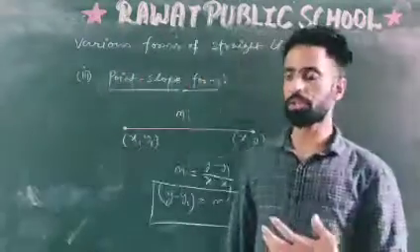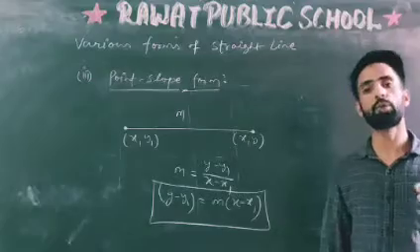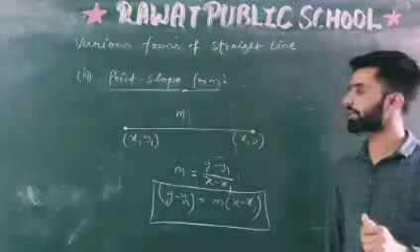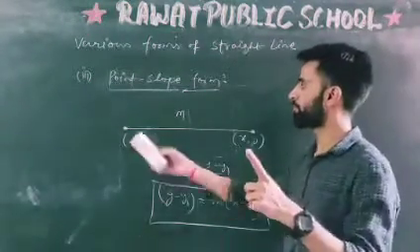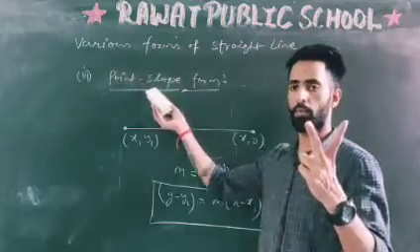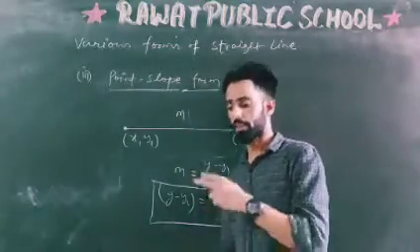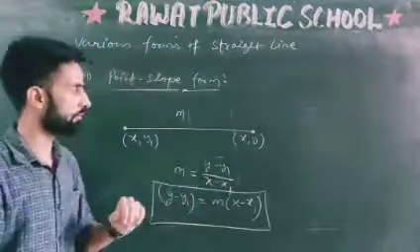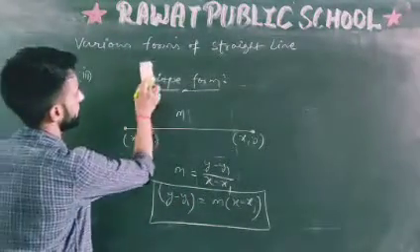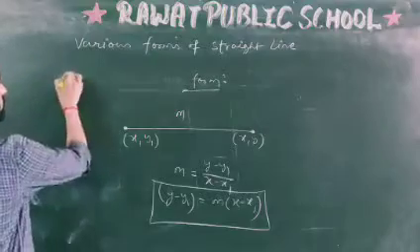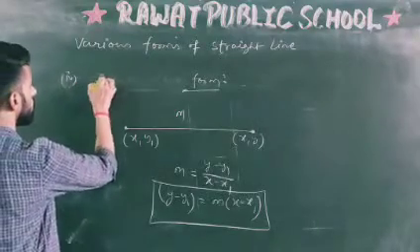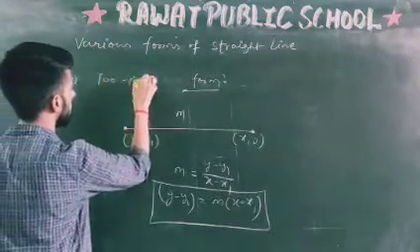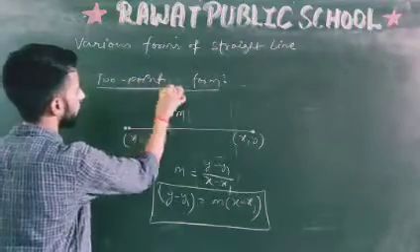The next type of equation is the two-point form. Here, we had two things before, one point and the slope. But in this section we will have two points only, and no slope will be given. This is the fourth form of a line, which is called the two-point form.